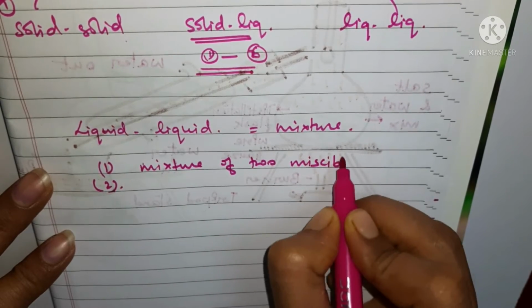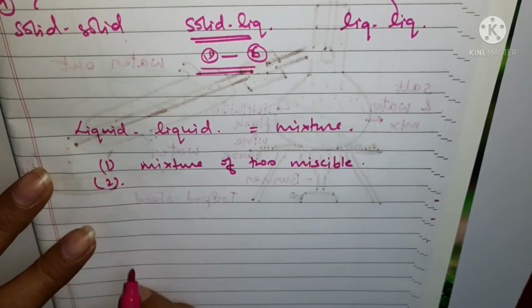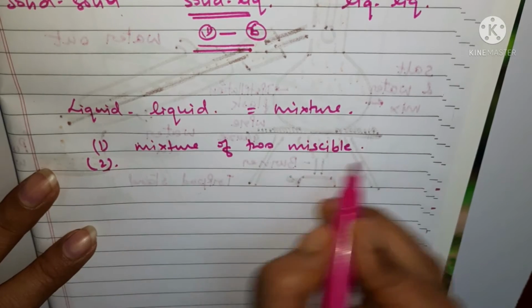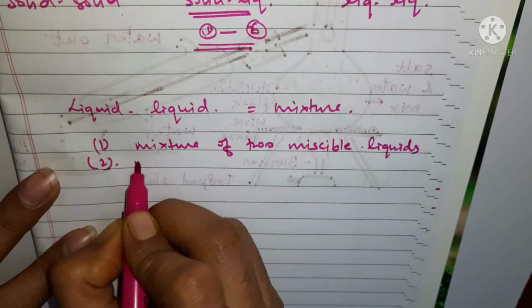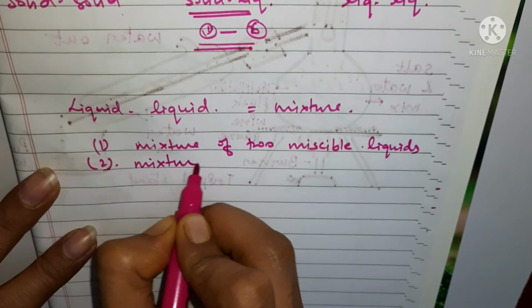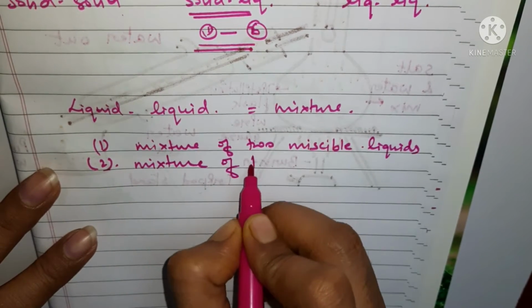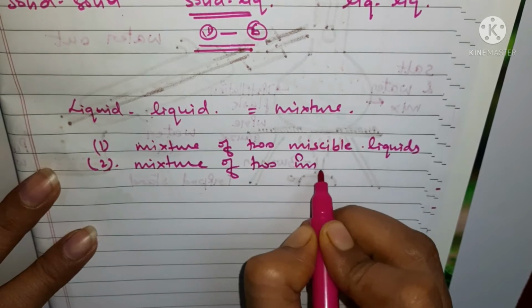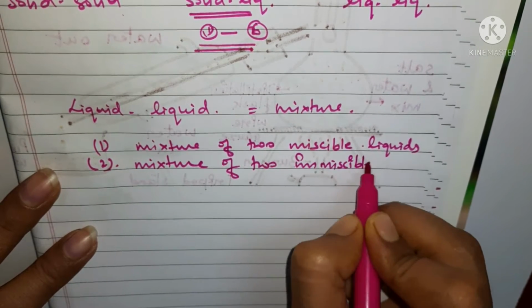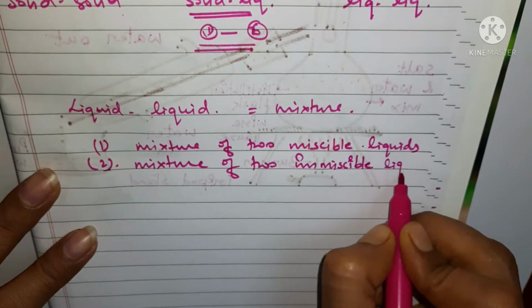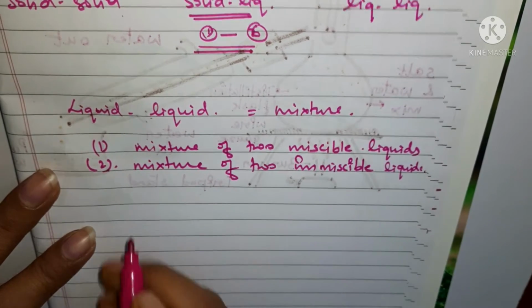Miscible means soluble, both are soluble with each other. And the second one is the mixture of two immiscible liquids. When we are talking about immiscible, it means we are talking about insoluble ones. The two liquids are not soluble.